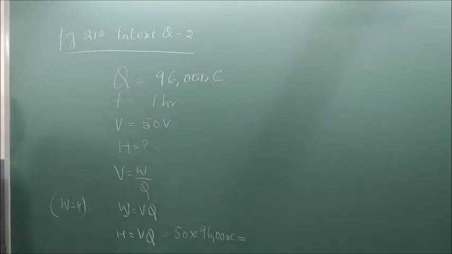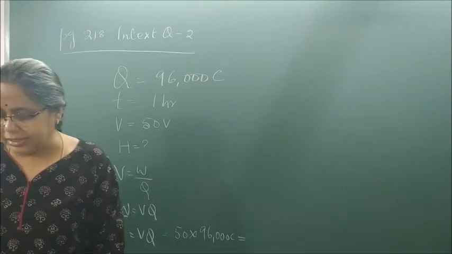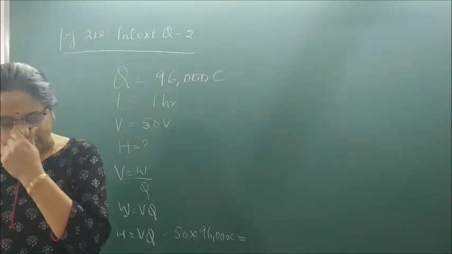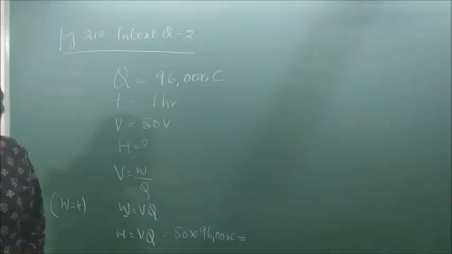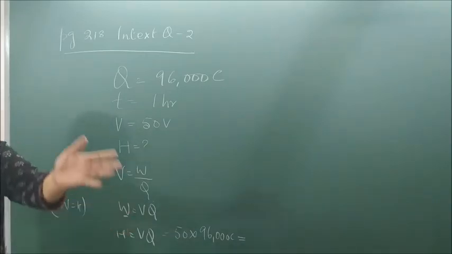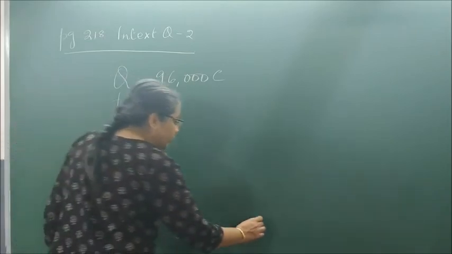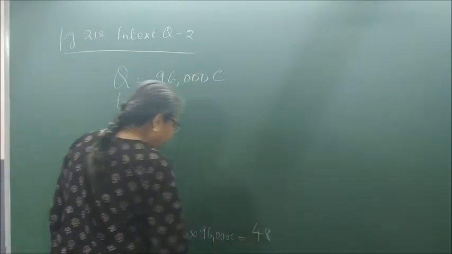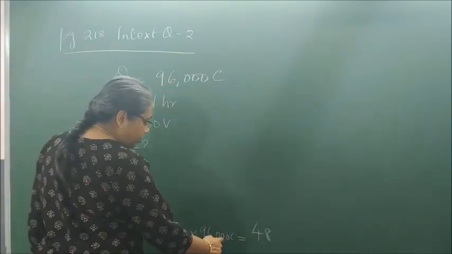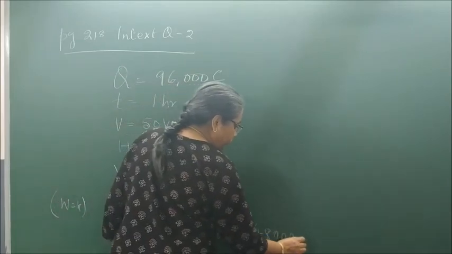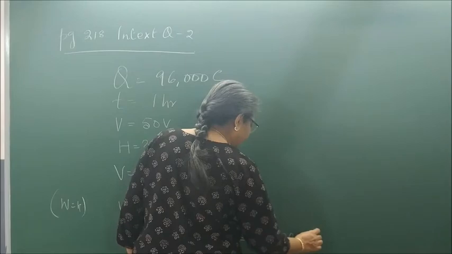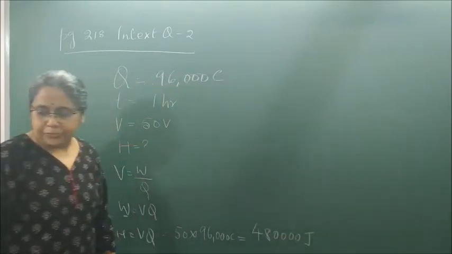96 into 5 and you get the answer. 96,000 coulombs, so 48 and zeros. We will get 48 with how many zeros? 1, 2, 3, 4. Heat generated will be in joules.